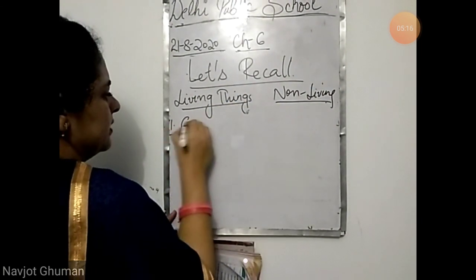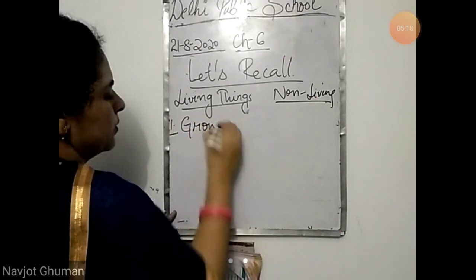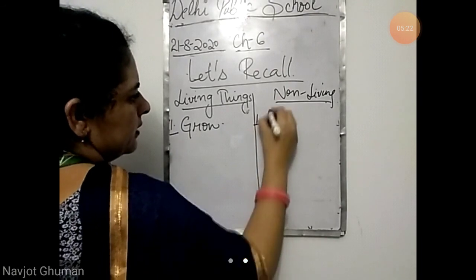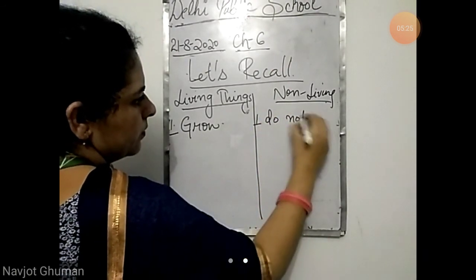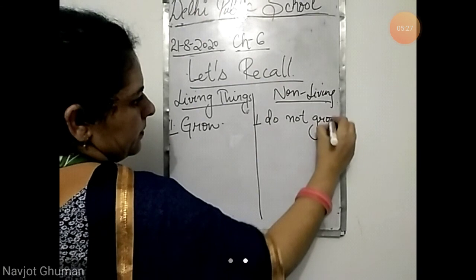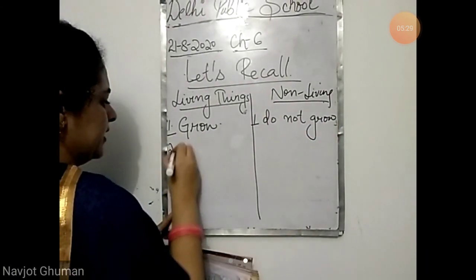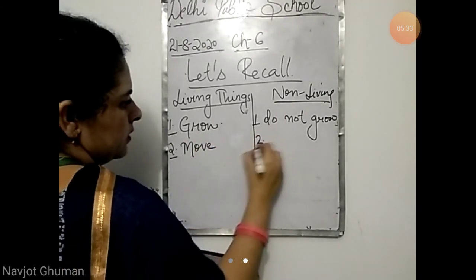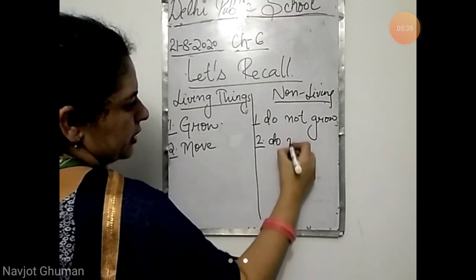First is given, living things grow. Under the non-living things, you will write do not grow. Living things move, non-living things do not move.